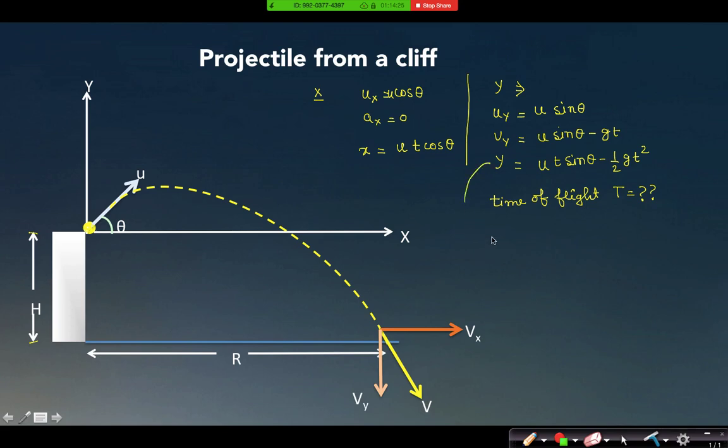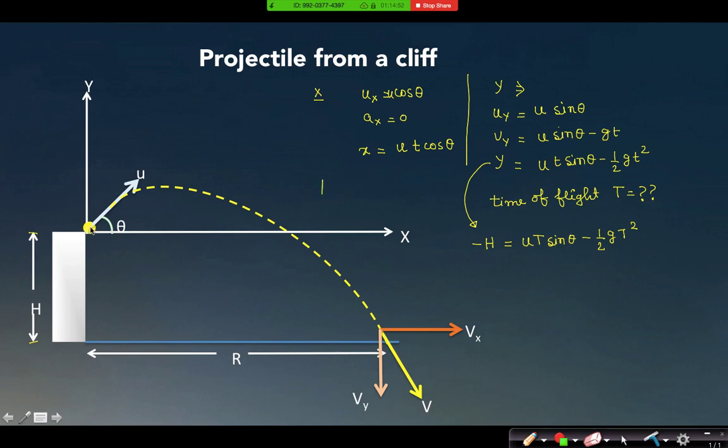So I will use the same equation where y is equal to minus h, is equal to ut sine theta minus half gt square. Now you can see, why minus h? Because I have taken downward vectors to be negative, as I have taken g negative.